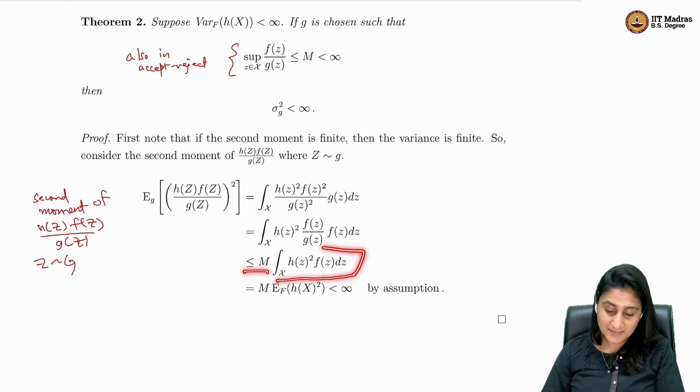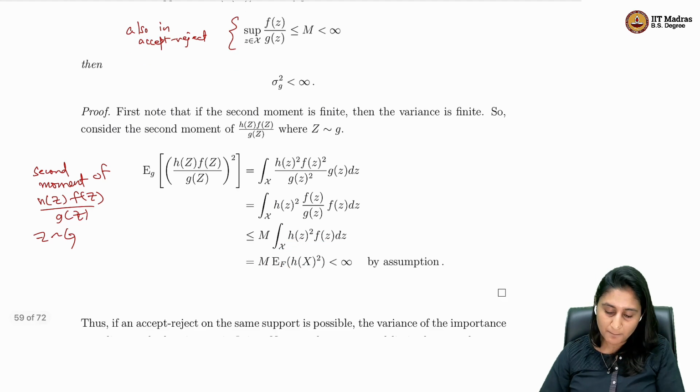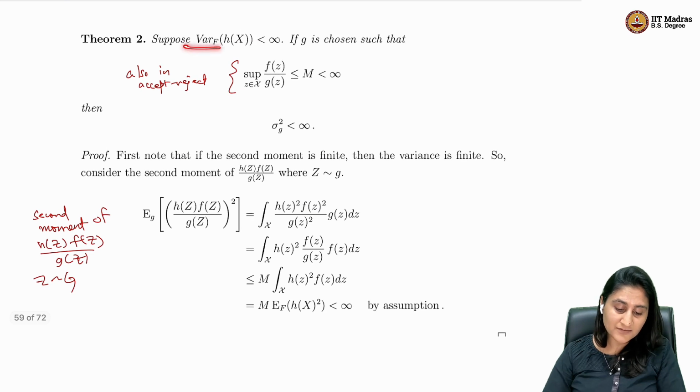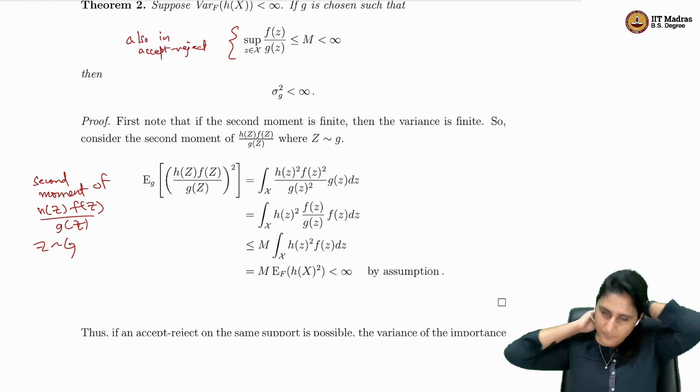But this is nothing but the second moment of h under f. So this is M times the second moment, which we have assumed is finite. So this has to be finite.